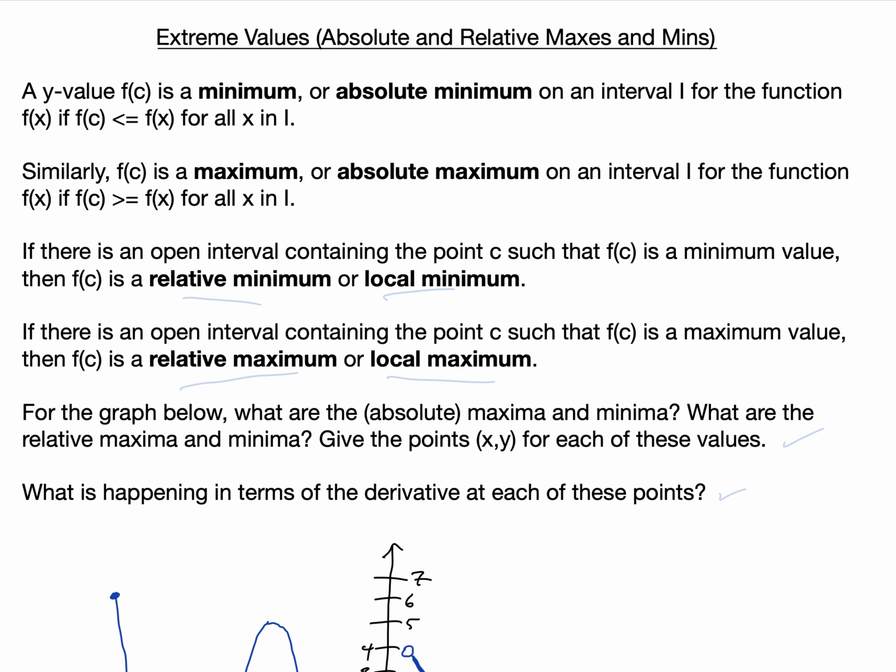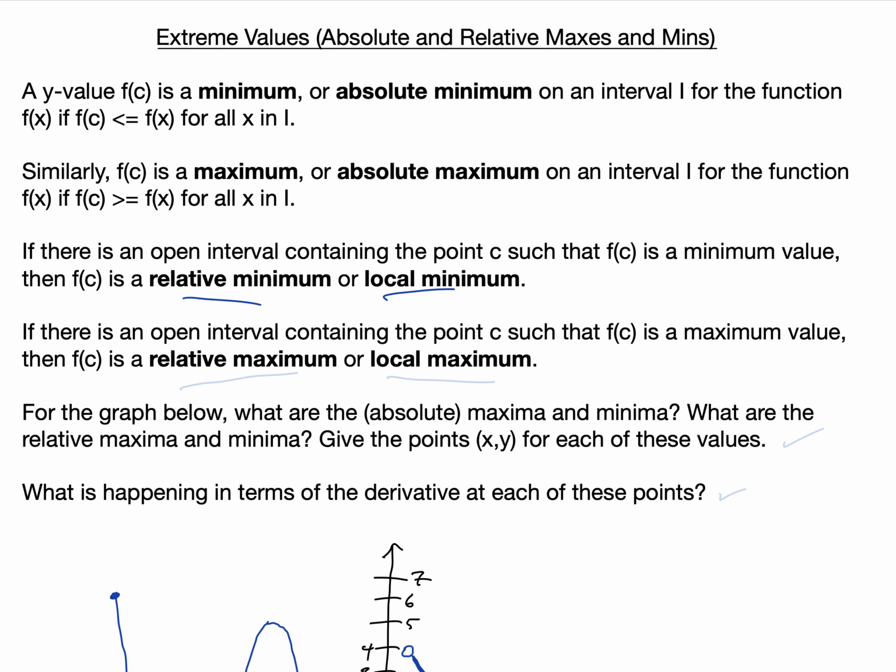So those are sometimes called absolute maxes and mins, or sometimes just called maxes and mins. So that's the largest value over the interval and the smallest value over the interval. We can also have relative or local maxes and mins.